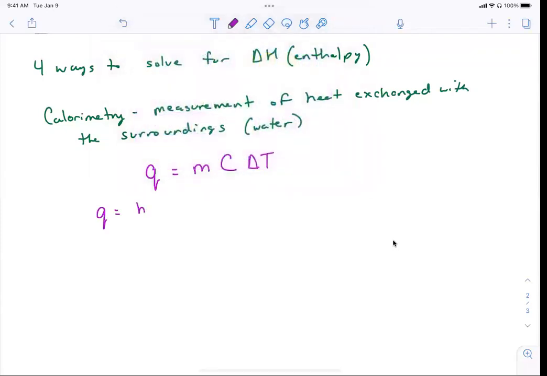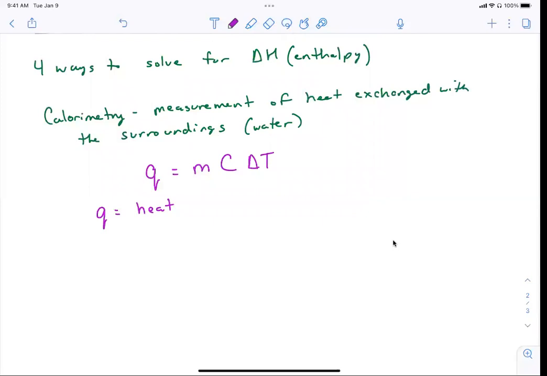Q is heat, okay? So it's the actual amount of heat that is generated in your specific amount of reaction you're doing. Delta H, I probably should have said the units as well. Delta H is per mole. Whenever you talk about delta H, it is per mole of the reaction, whereas Q is just for this specific experiment that you're doing with the amount of reactants that you're using.